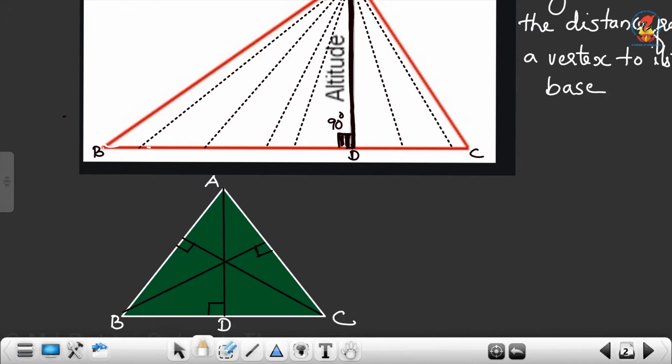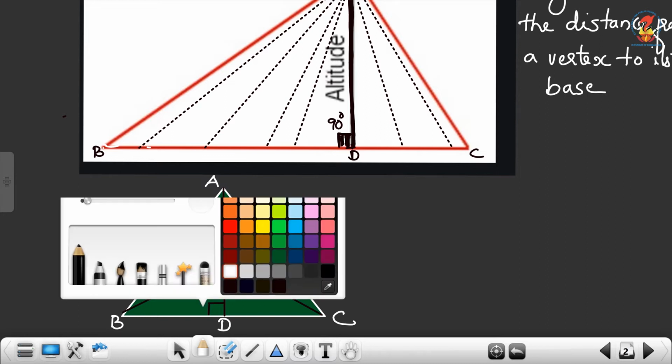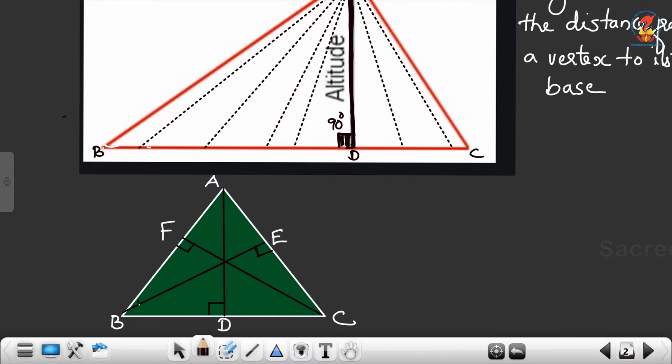Now we can name them BE and CF. So line segment AD, line segment BE and line segment CF are the three altitudes.